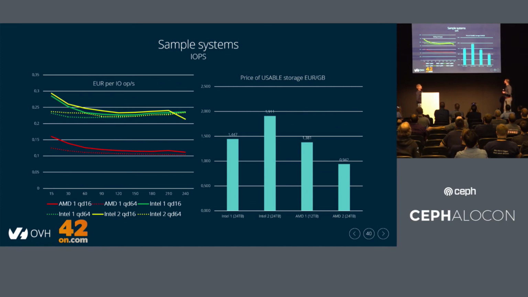For example, you can get your price per gigabyte down to below €1 per gigabyte on the AMD system. But again, it all depends on what you are targeting, whether you are targeting performance or capacity. It's up to you to decide what's the important factor here.